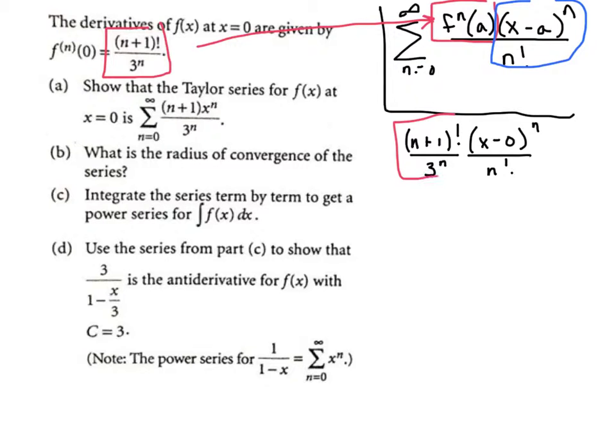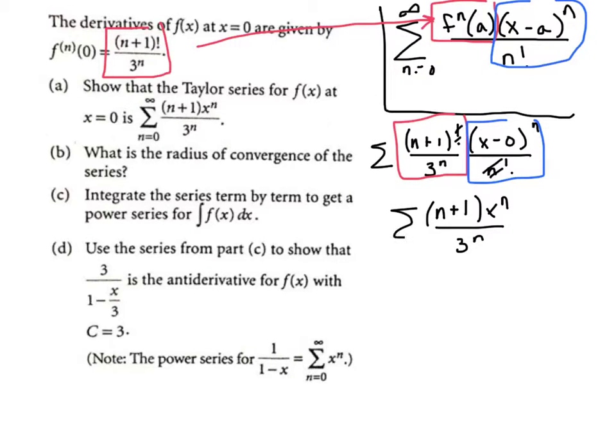So the red part is the derivative, the blue part's the rest. Well, let's do a little algebra here. Of course, the factorial stuff cancels. We're left with n plus 1. X minus 0 is just x, so x to the nth over 3 to the n. Well, look at that. We got it. That's part A.